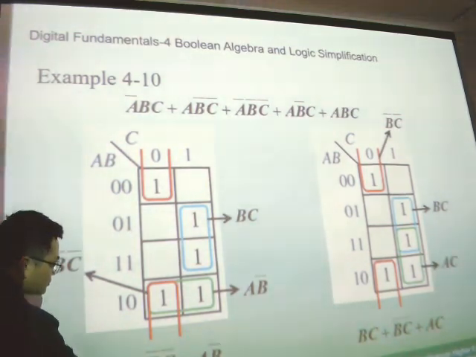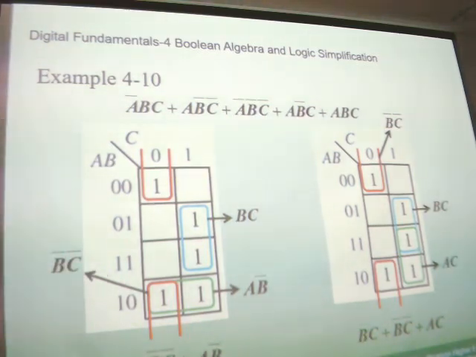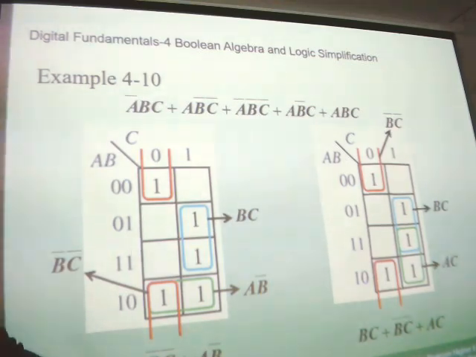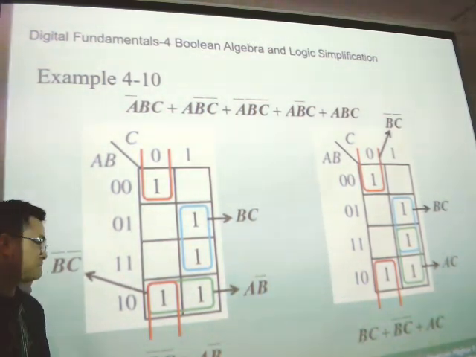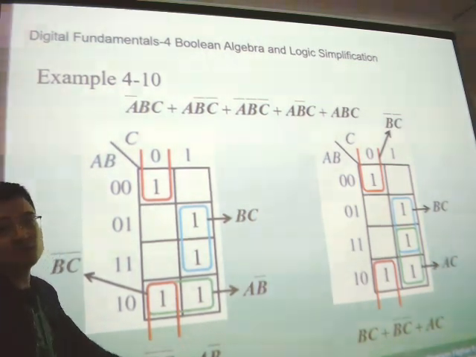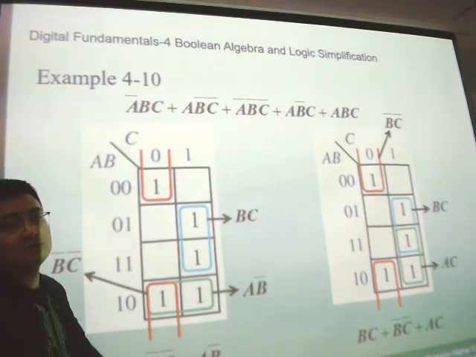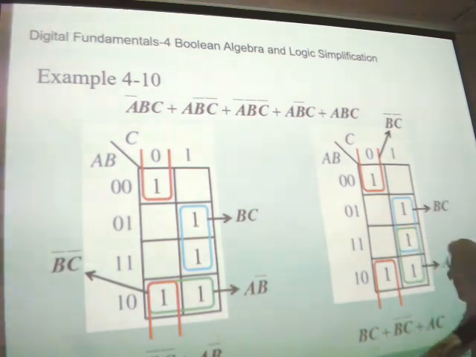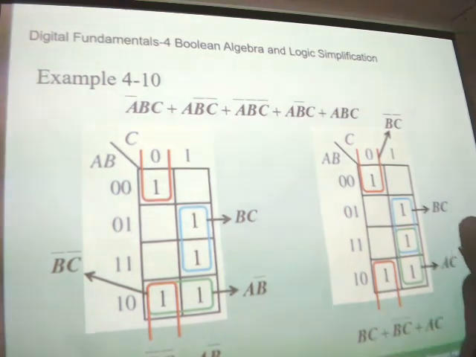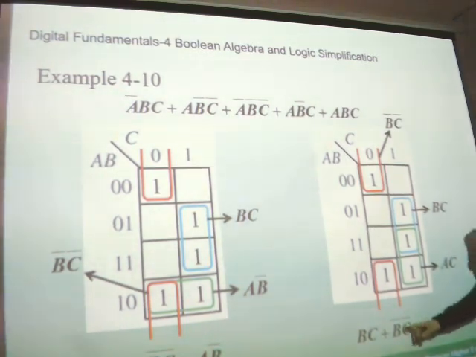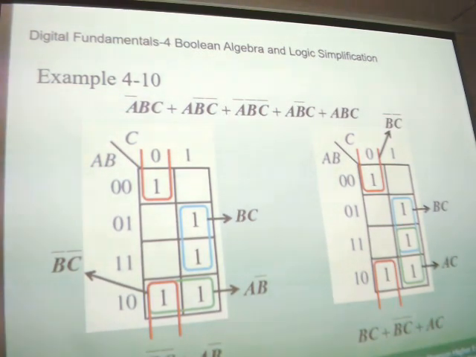There are 3 AND gates, 1 OR gate, and 2 inverters. Also, this expression also has 3 AND gates, 1 OR gate, and 2 inverters.